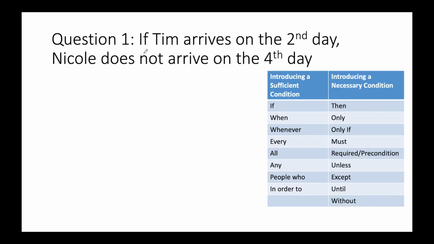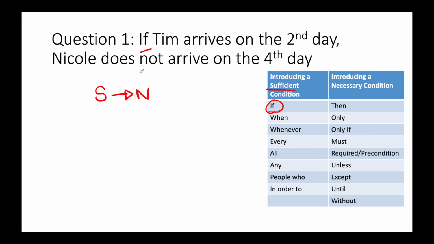Now, if we were to apply this table to this question, we can see that the first word says if, and we know from here, if is a sufficient word. The way we're going to draw this is to write the sufficient word first and then the necessary.